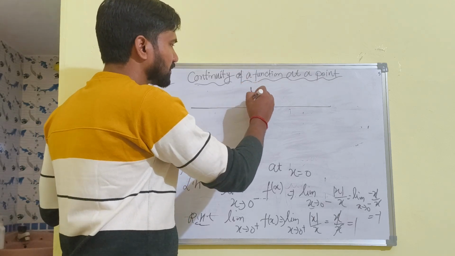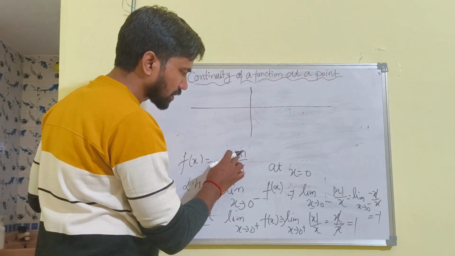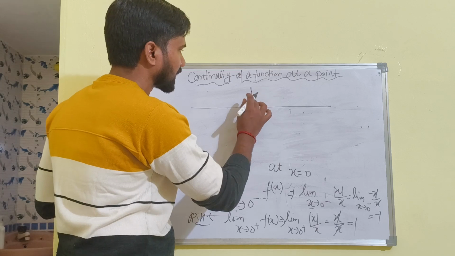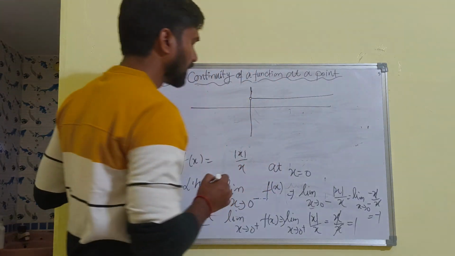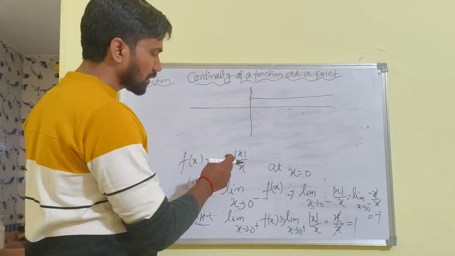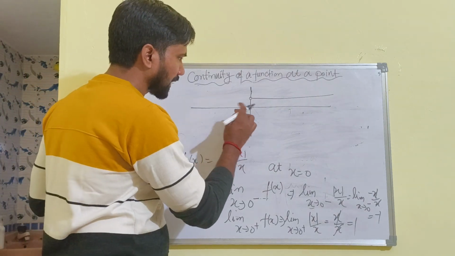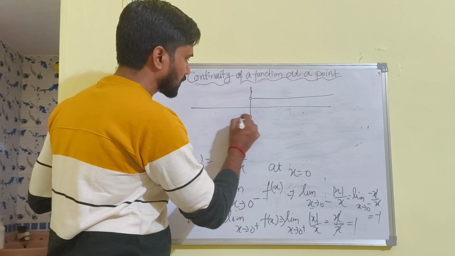If x is greater than 0, it is positive, x upon x, y equal to 1. Greater than 0 means here we cannot take 0, so we draw like this. And if x is less than 0, it opens negative, so y is minus 1, and again we cannot take 0.